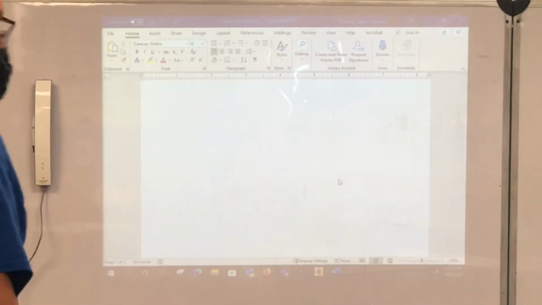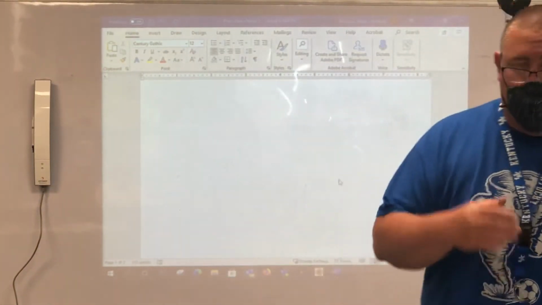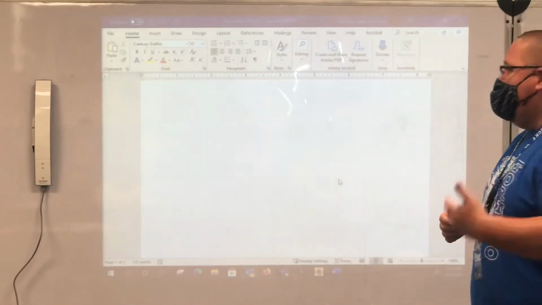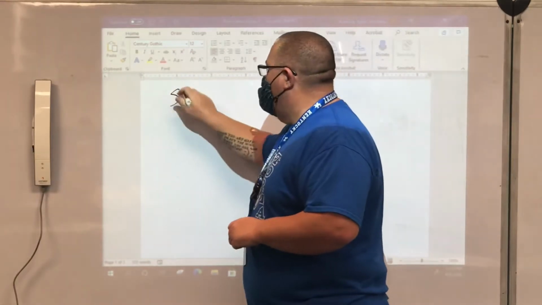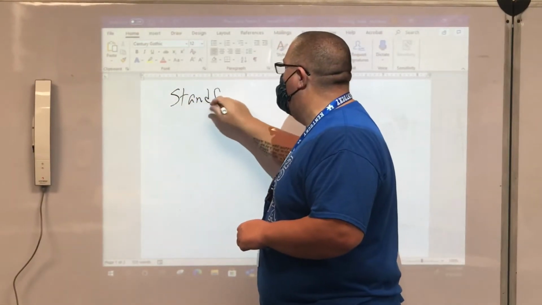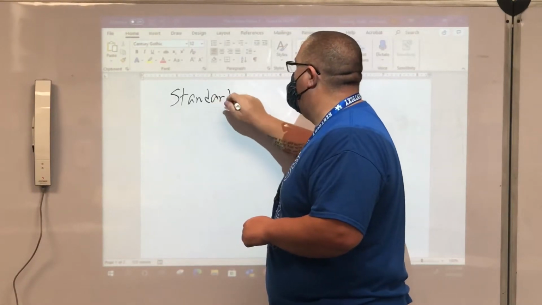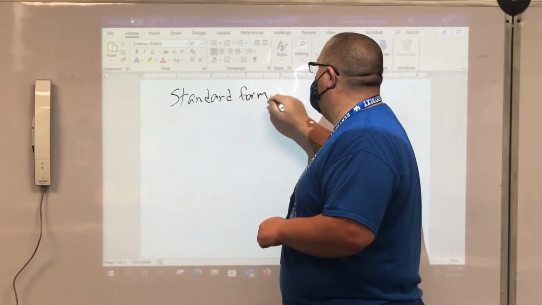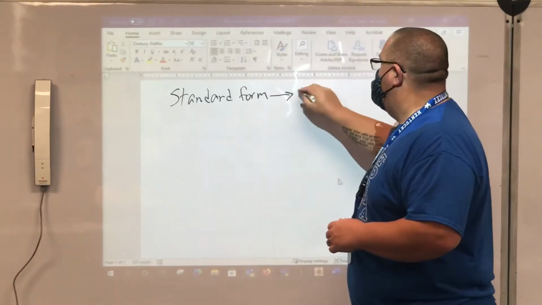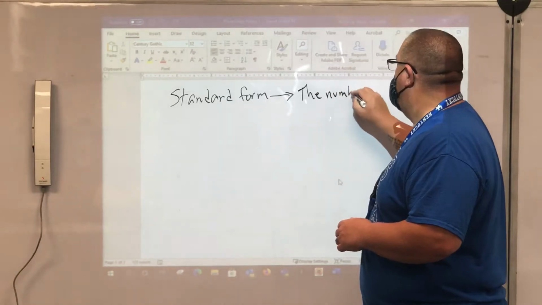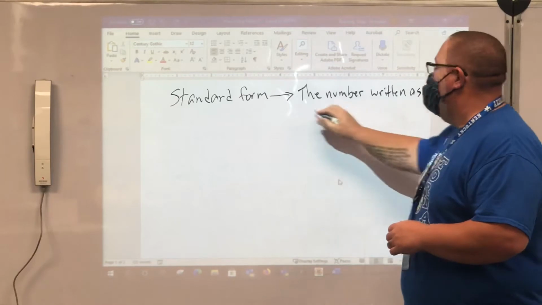Okay, one of the things that's not on your sheet that I want to go over with you before we move on to the back part is the ways to write numbers. We can write them in standard form. Standard form is strictly just the number written as normal.